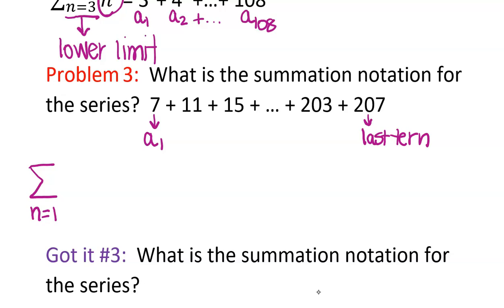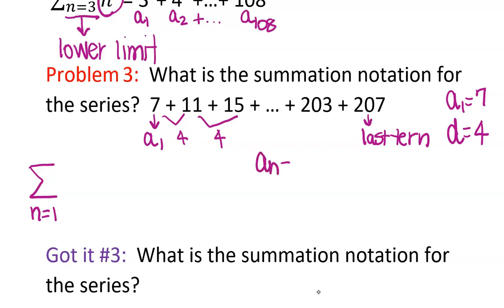So I know that my first term is 7. I know that my last term is 207. I also know that I can figure out what my common difference is. So 11 minus 7 would be 4. 15 minus 11 would also be 4. So my common difference is 4. Okay, so I'm going to go back to my terms.